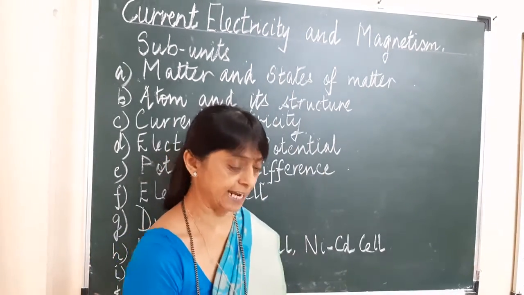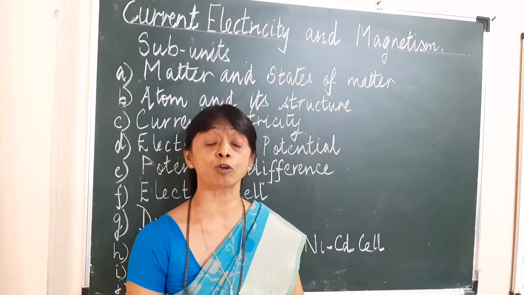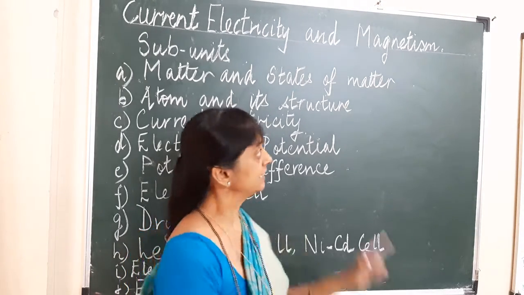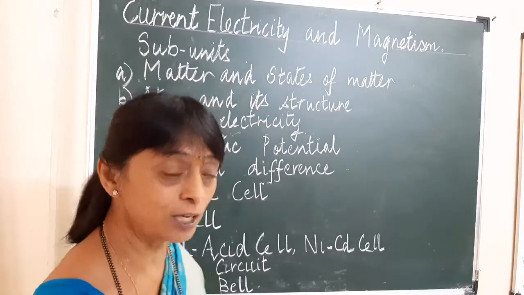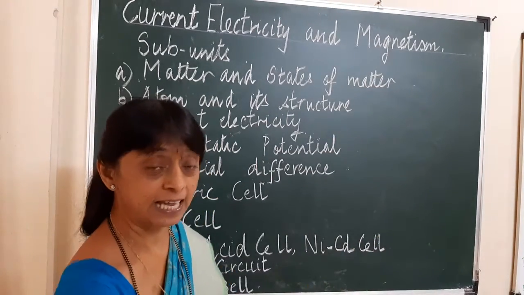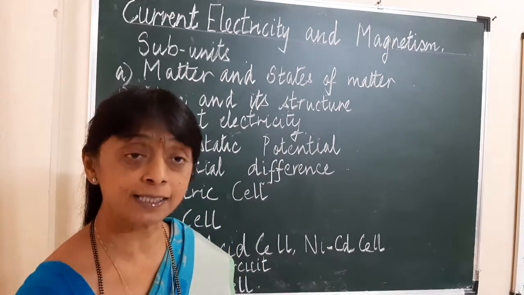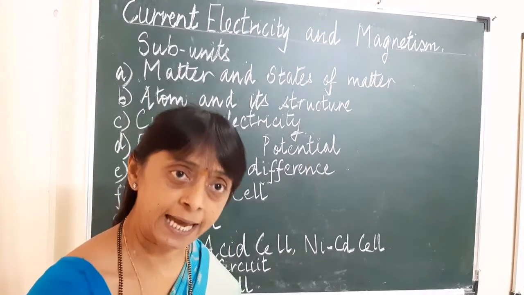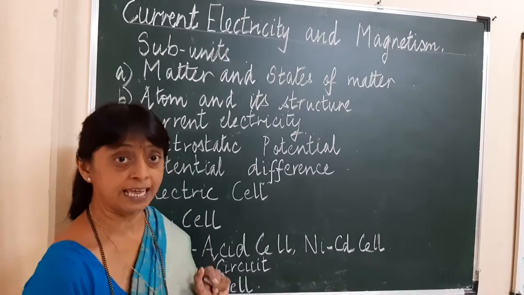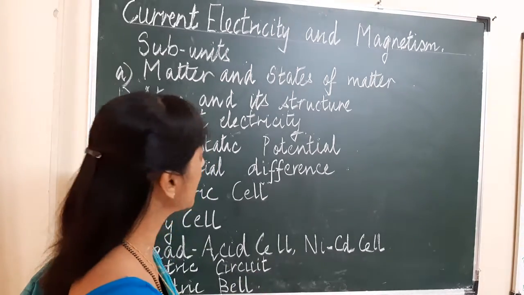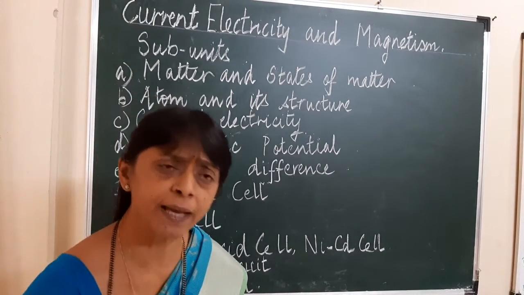If I go and stand over here, definitely children, I am occupying some space. This green board which you see on the wall is occupying some space. I have got some mass, and this board also has some mass. So matter is any substance and it has mass and occupies some space.